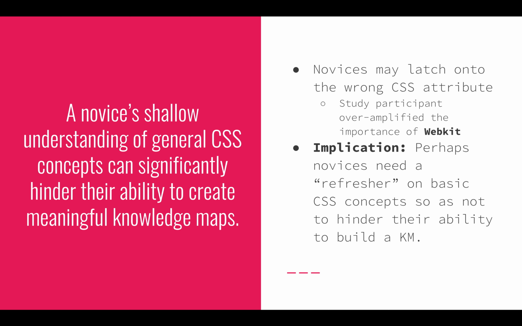One notable example was when a participant overamplified the importance of WebKit, which is basically a prefix on existing CSS attributes to increase browser compatibility, but he thought it was a whole different CSS approach on its own, which is not true. The implication is that perhaps these novices need at least some kind of refresher on basic CSS concepts so that they know enough to not hinder their ability to build a meaningful knowledge map.